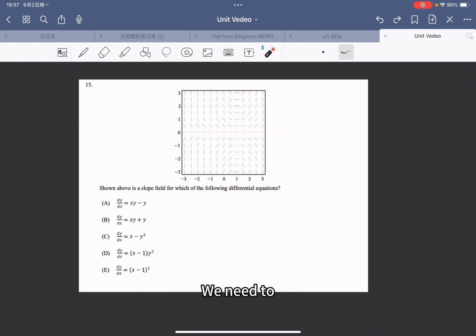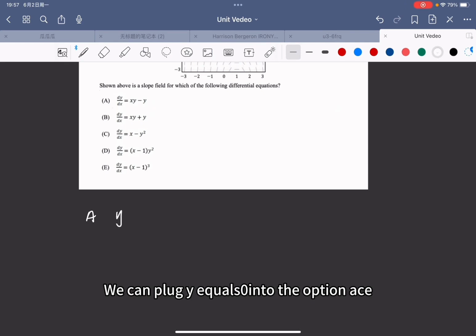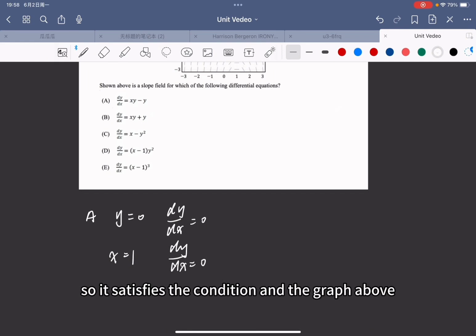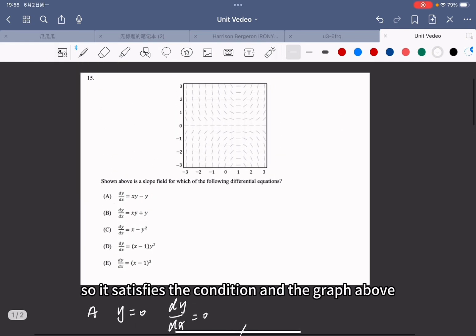We need to plug them into the following slope equations to identify whether they satisfy the condition or not. Firstly, we plug y equals 0 into option A's equation. When y equals 0, dy over dx equals 0. When x equals 1, dy over dx equals 0. So it satisfies the condition and the graph above.